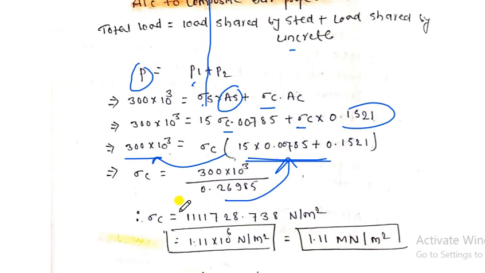So finally we will get the stress induced in concrete, in Newton per meter square. Either you can keep this value in this form only, or if you need to change it, I have just converted it into mega newtons.